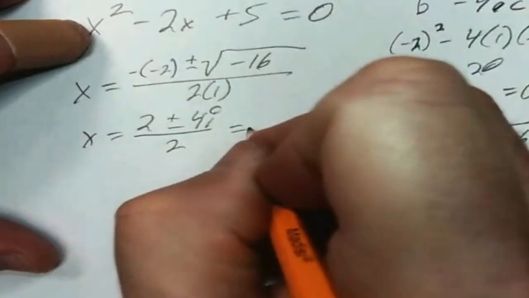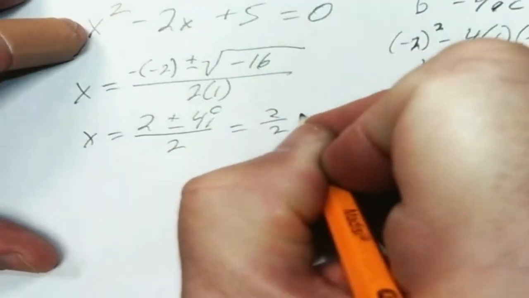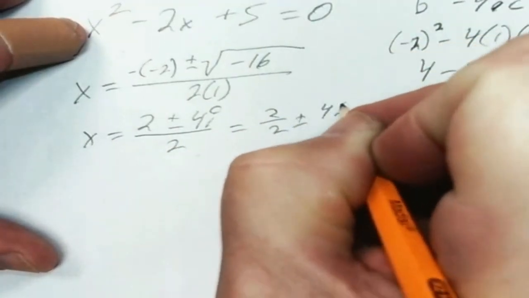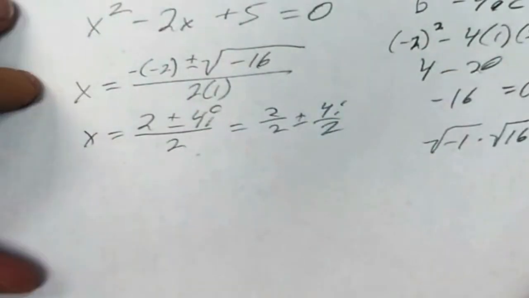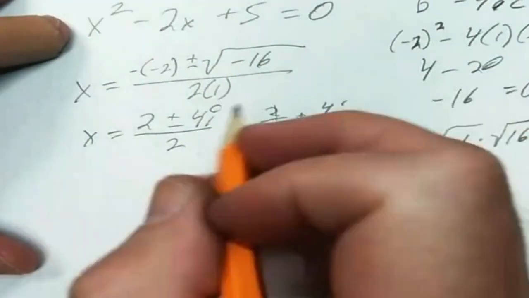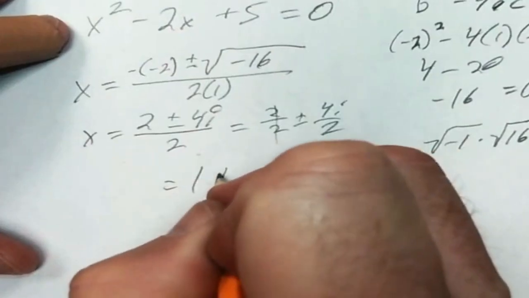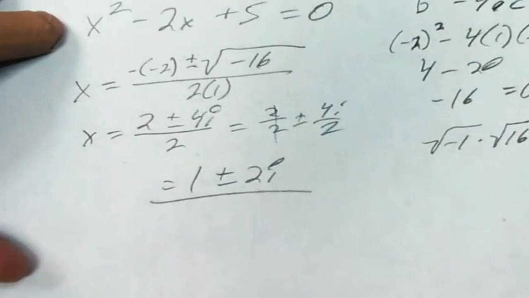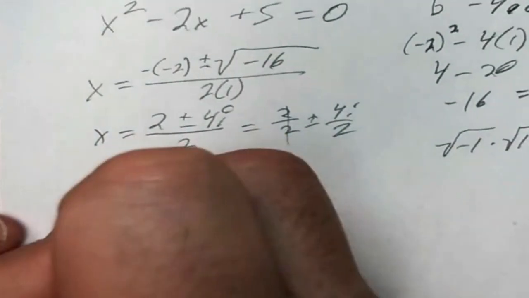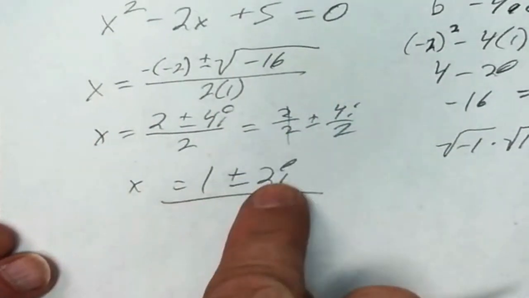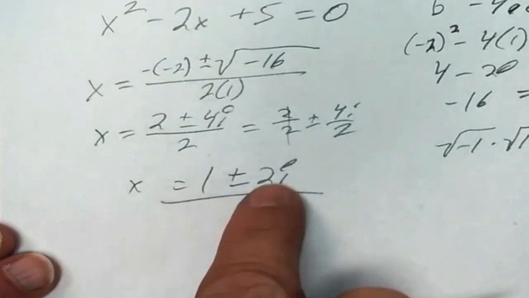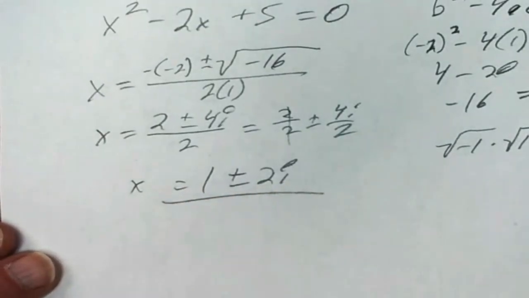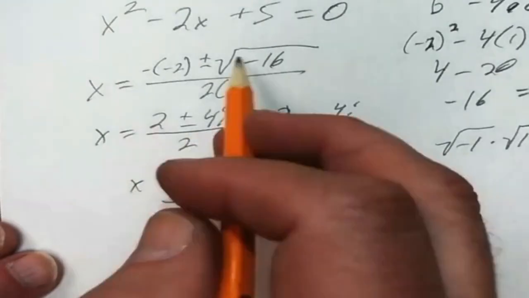So we can break this out to 2 over 2 plus or minus 4i over 2, which simplifies to 1 plus or minus 4i over 2, which is 2i. That's the answer. X equals 1 plus 2i, and x equals 1 minus 2i. Complex solutions with the quadratic formula.